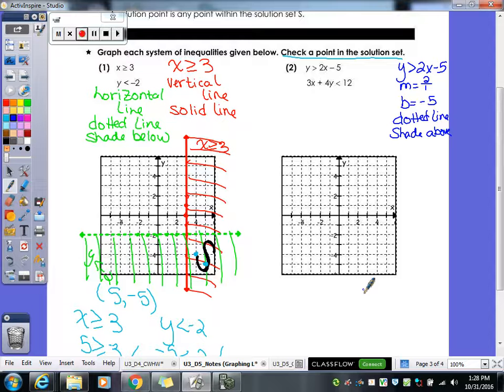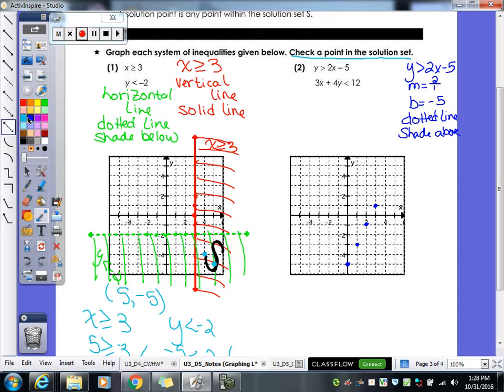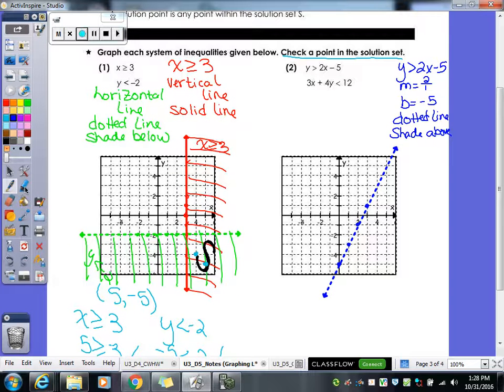So I'm going to start at negative 5. That's where we begin. Put my first dot. So I'm going to go up 2, to the right 1. Up 2, to the right 1. So once you get a few dots, use your straight edge. Now I have a lot of kids who get confused at this point because they struggle with the shading.